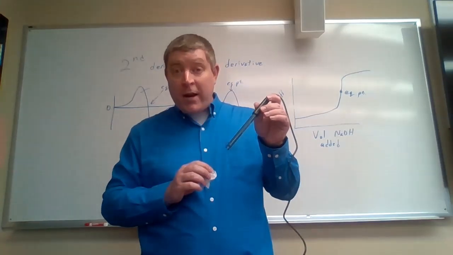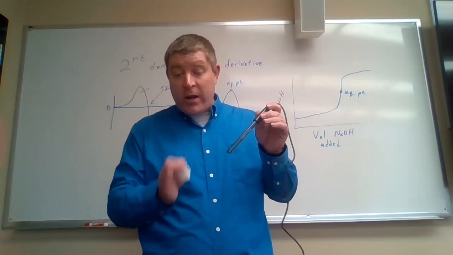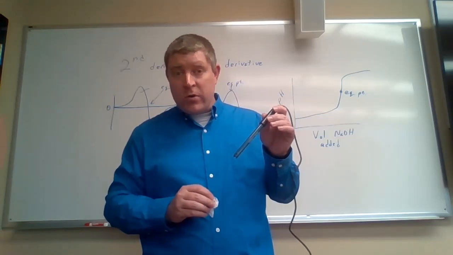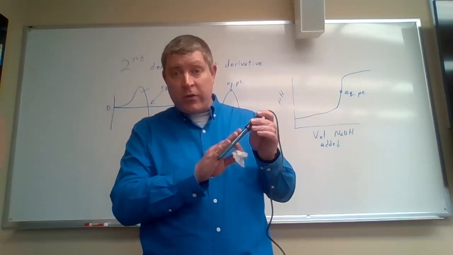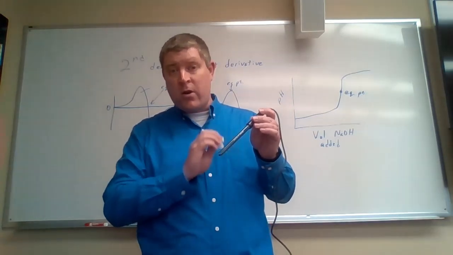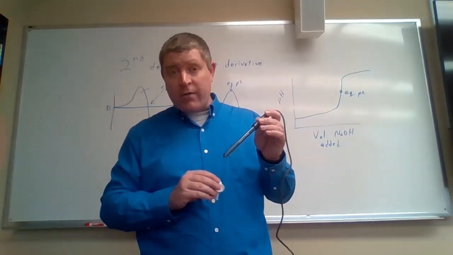Now, by blotting it dry, we don't want the sensor to actually dry out. That's why it's stored in a solution. Because if that glass dries out, then the pH sensor takes an extremely long time to respond to pH changes on the outside of the glass.